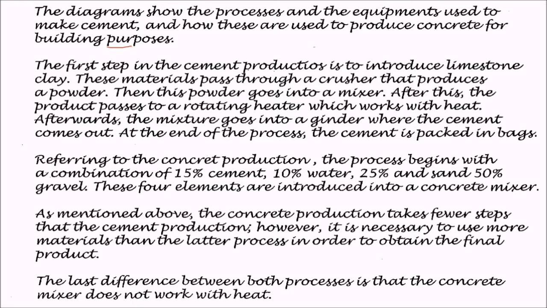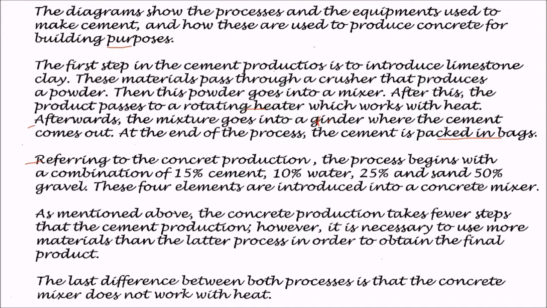The first step in the cement production is to introduce limestone and clay. These materials pass through a crusher that produces a powder. Then this powder goes into the mixture. After this, the product passes to a rotating heater which works with heat. Afterwards, the mixture goes into the grinder, where the cement comes out. At the end of the process, the cement is packaged in bags ready for distribution.